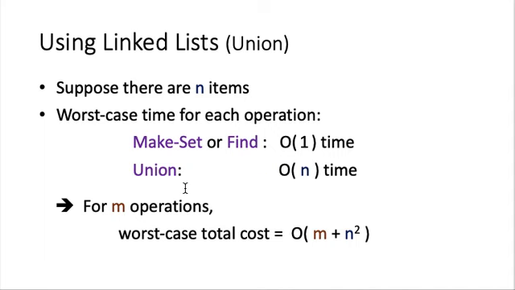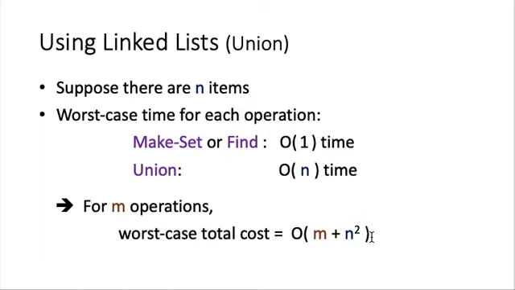Now because of this, for m operations, the worst case total cost will be m plus n squared. Why do we have just n squared here? The n squared corresponds to the time that we perform union.